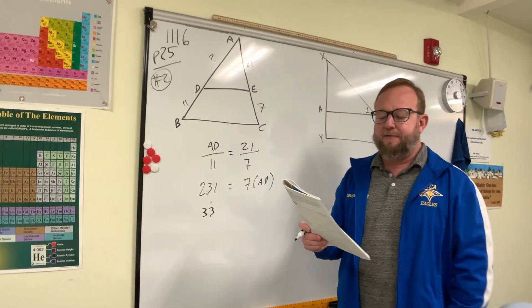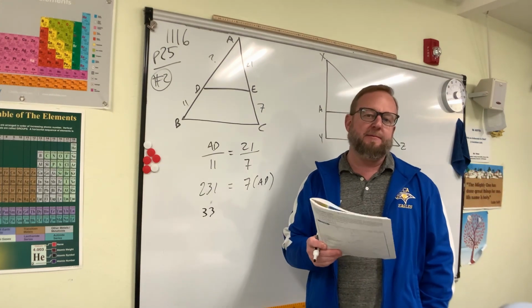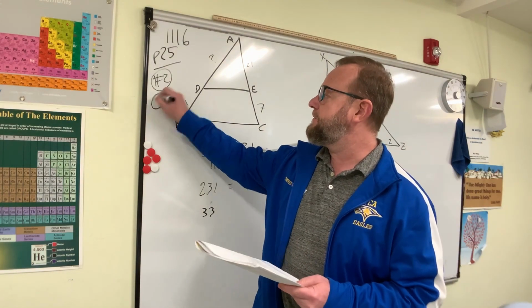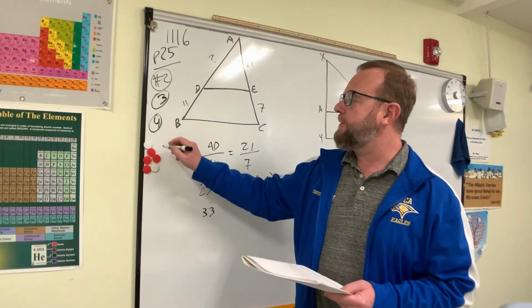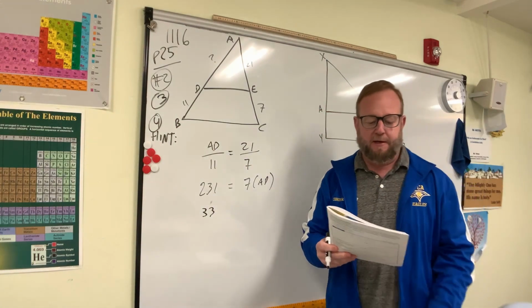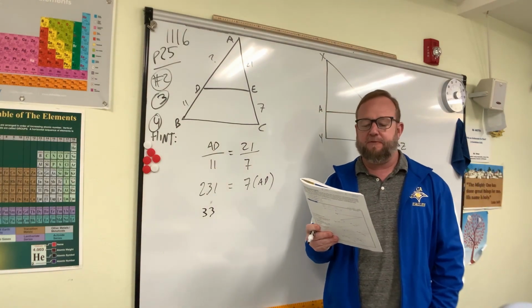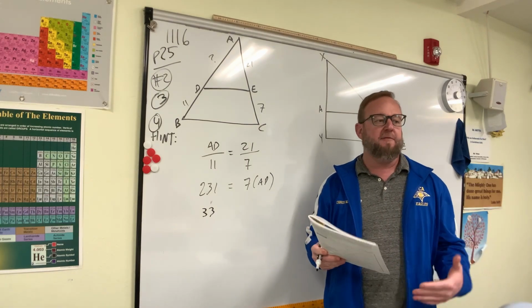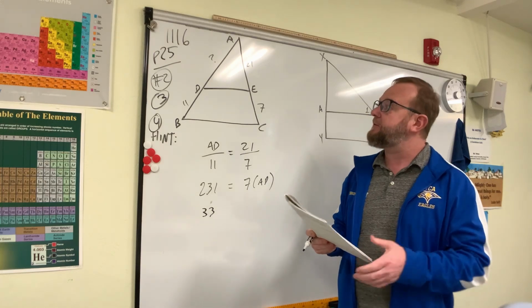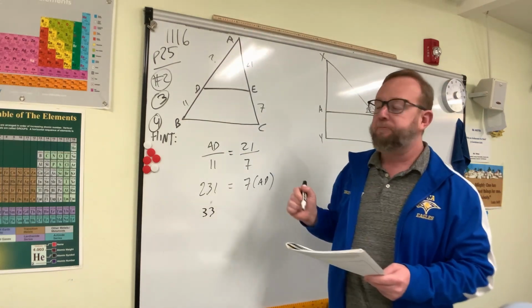Now 4 and 5. On problem number 4, because this was problem number 3 that we just did, there's a hint. The hint says find DB first. So 4 and 5 are just like we've done, only the question is asking you to find the whole length.